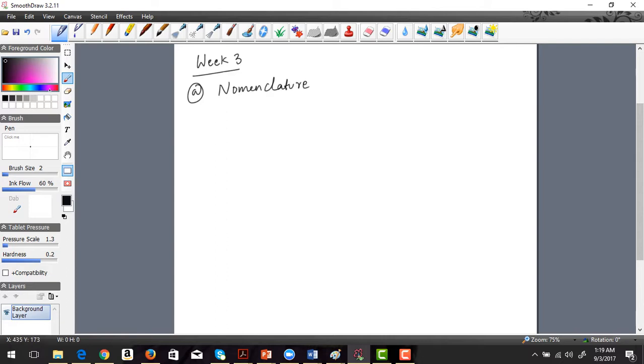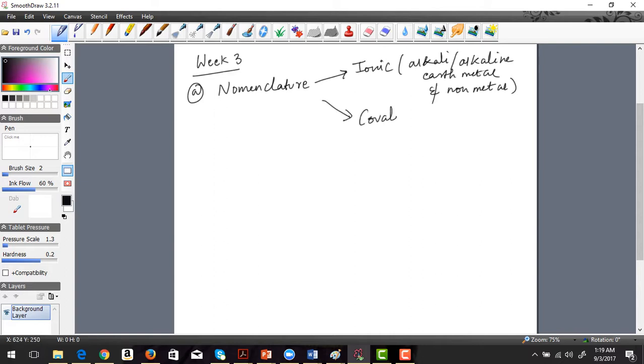given a compound, we identify whether it's ionic, covalent, or transition metal. If it's ionic, it's typically an alkali or alkaline earth metal and a non-metal. That's what makes it ionic. And if it is covalent, it is two non-metals, a non-metal and a non-metal.